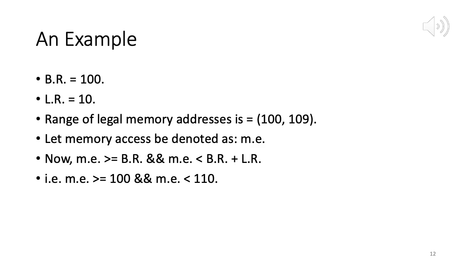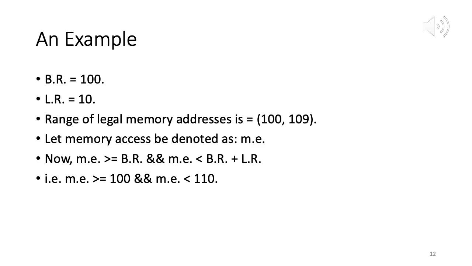So let a memory access be denoted as ME, short form. Now the equation we have is ME is greater than or equal to BR, and ME is less than BR plus LR. Which means ME is greater than or equal to 100 and ME is less than 110. So is 100 within bounds or out of bounds? 100 is within bounds.